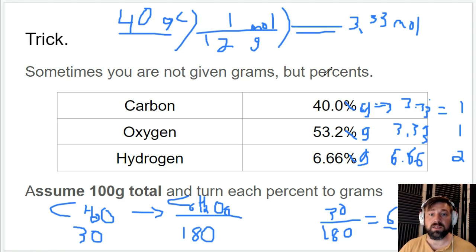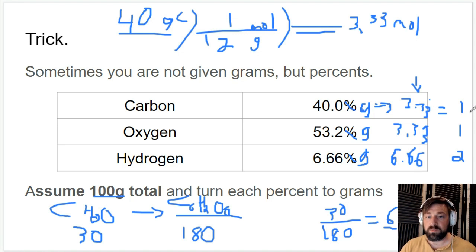So again, let me review the steps for you. Step 1, take your abundances and turn them into grams by assuming a 100 gram sample. When you have grams, convert them to moles. Once you have done the mole step, take the smallest number of moles that you have and divide everything by that number.